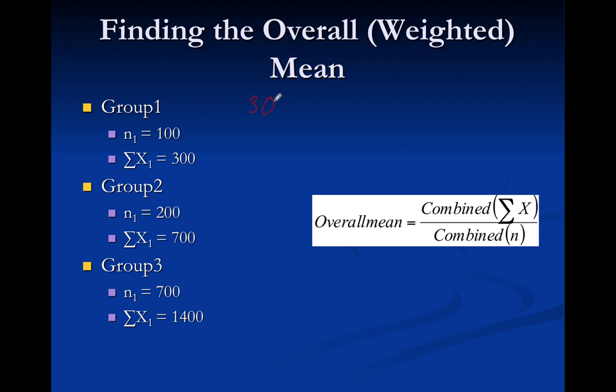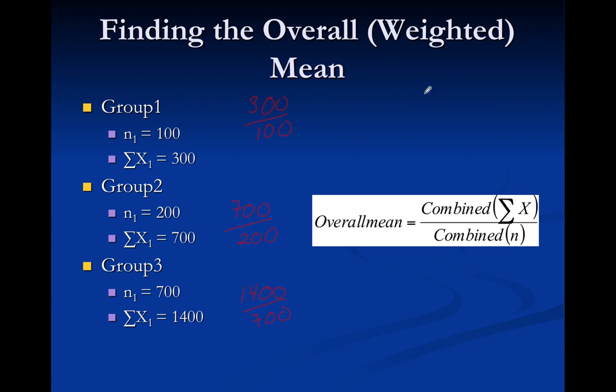So 300 divided by 100. For group 2, we summed up all their scores, 700 divided by 200. And for group number 3, 1400 as a sum of scores divided by 700.